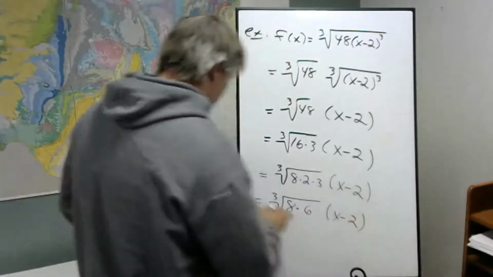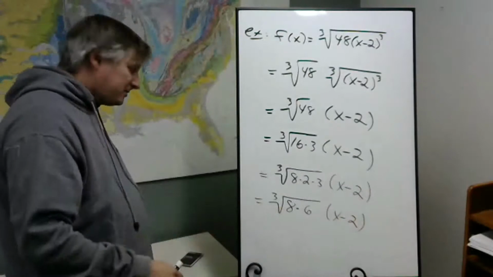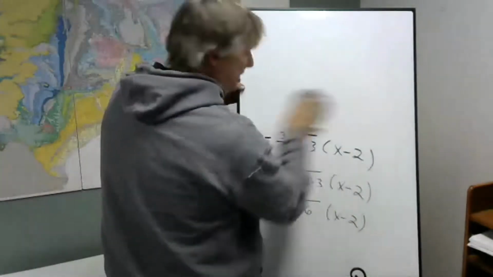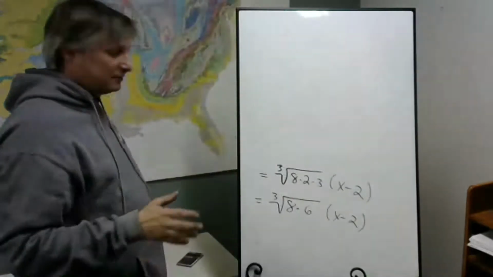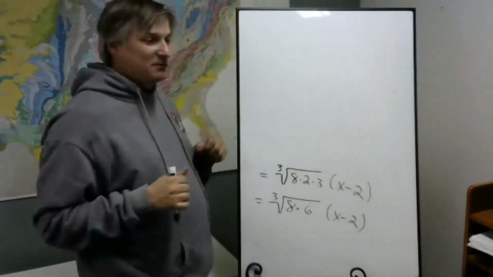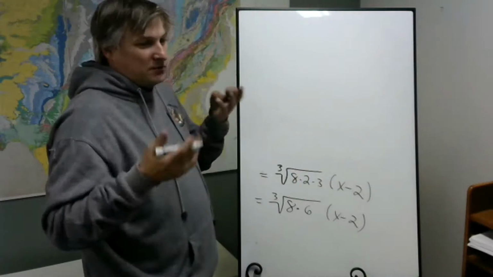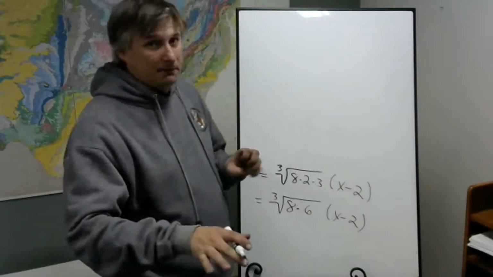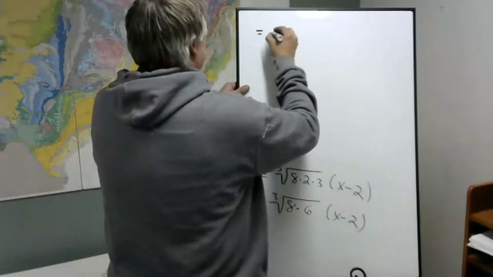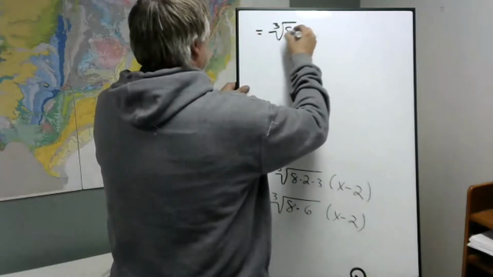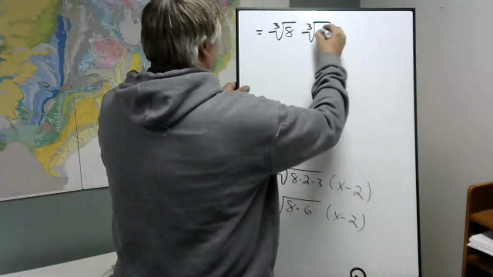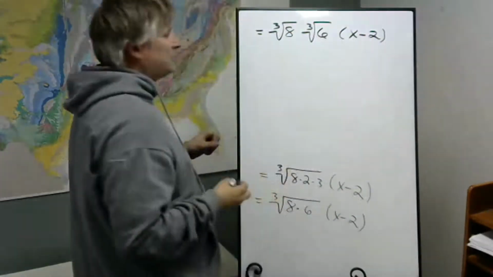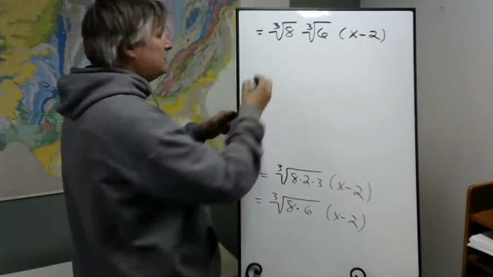So what we can do is take the cube root of this 8. So sometimes you've got to play around with the numbers a little bit, and that's fine. Just make sure you catch it before you take a square root of 16, and be careful of a cube root of 16, which you don't want to do. Cube root of 8 is going to be 2.